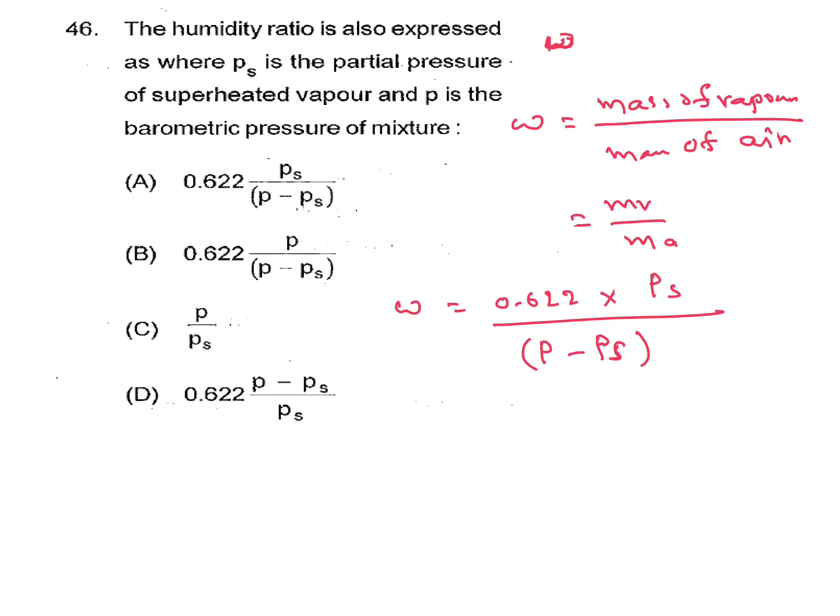So B is our answer. 0.622, sorry, A is our answer. 0.622 PS by P minus PS.